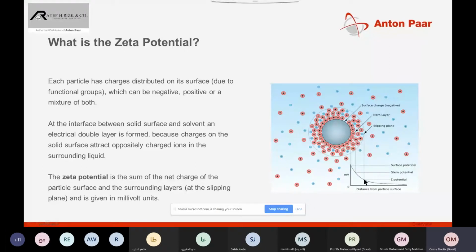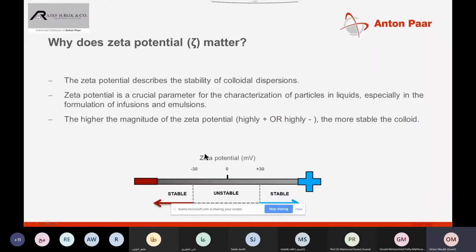Most of the times when we say an emulsion is stable, our zeta potential has a higher magnitude, irrespective of the sign, it can be negative or it can be positive. But when we talk about a stable emulsion or a solution, it should have a higher magnitude.